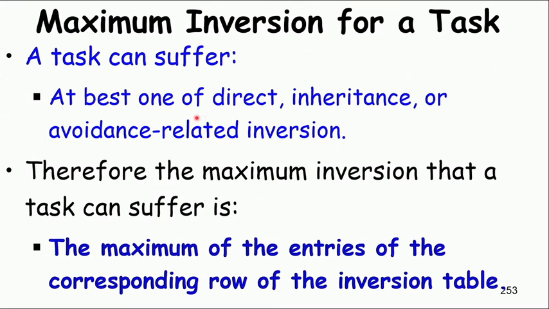Once we agree to this result, then to determine the maximum inversion that a task can undergo, we need to look at the 3 tables that we developed, and then look at the maximum value of the entry corresponding to that task in the 3 tables, and that is the maximum duration for which it can undergo inversion.